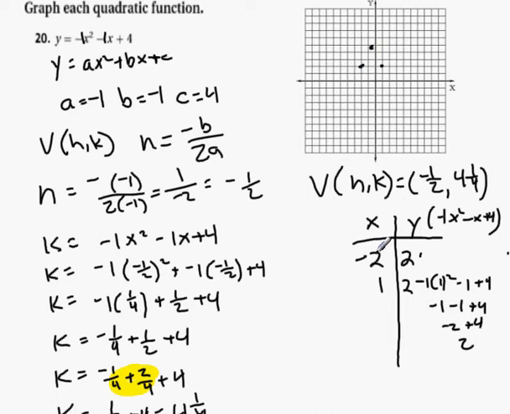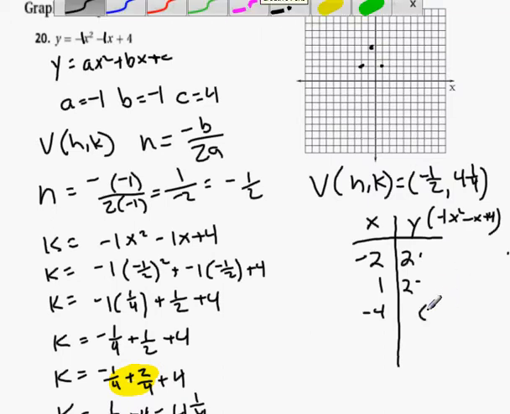Okay, let's go negative 4. So if I go negative 4, let's go ahead now and find the value for that. So at negative 4, I'm going to plug that in. So I have negative 1, negative 4 squared minus a minus 4 plus 4. Okay? So negative 4 times negative 4 is 16. So I have negative 16 minus a minus 4 is plus 4.